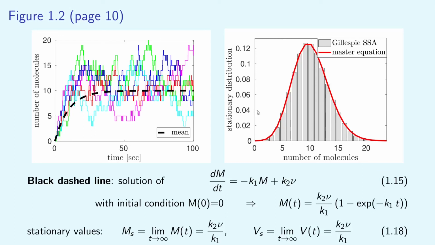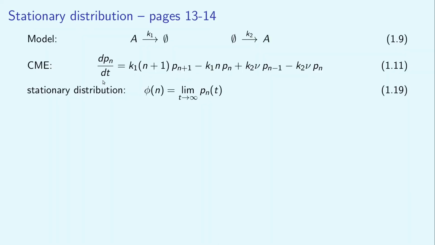Again, we can theoretically calculate the stationary distribution. To do this, we start with the chemical master equation 1.11 and we observe that the plotted stationary distribution can be obtained as the limit of p(n,t) as time t goes to infinity. We denote it as phi.